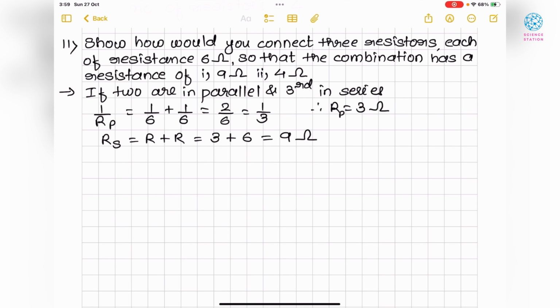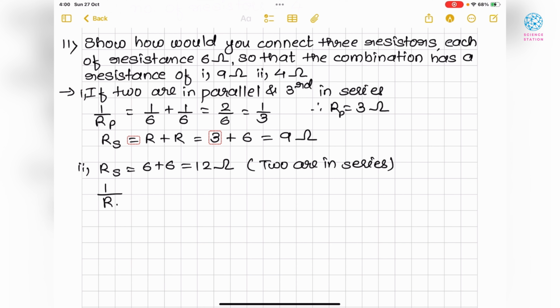And in the second case, let Rs equal to 6 plus 6. So that will be 12 ohm. So here 2 are in series. Now 1 upon Rp equal to 1 upon Rs. The two in series are connected here in parallel with the one.